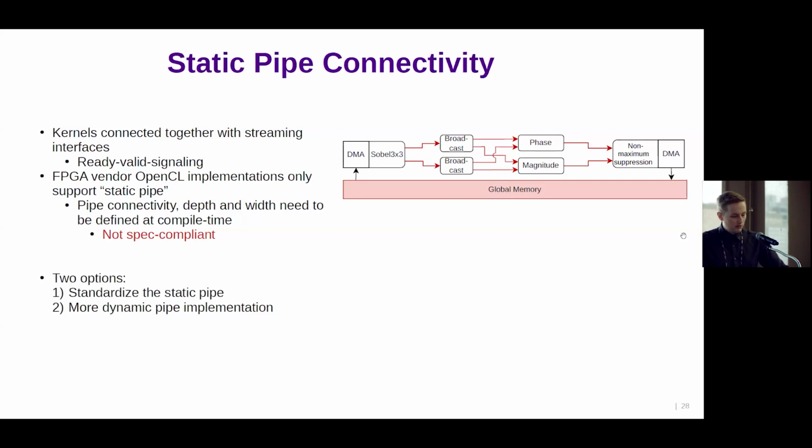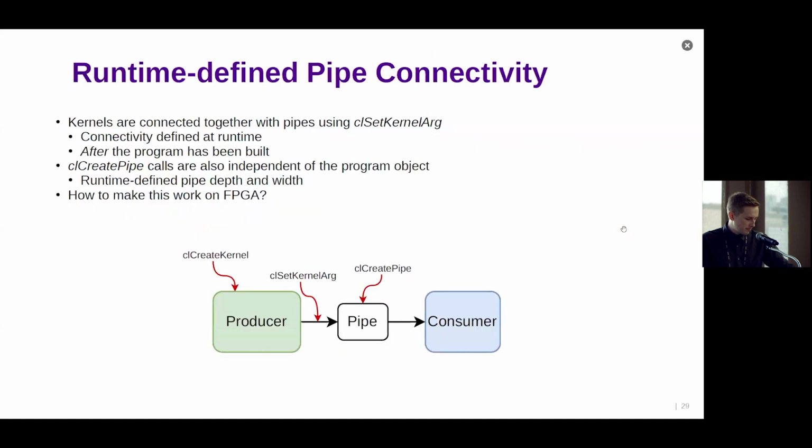If you want to support this kind of feature, you have to standardize this somehow or make an extension of it, maybe similar to what already was in the OpenCL 2.2 C++ kernel language. Or you could implement this somehow differently in a more dynamic way that would allow you to have this dynamic connectivity in your implementation.